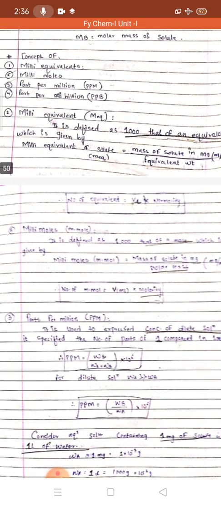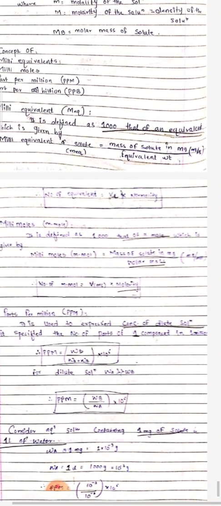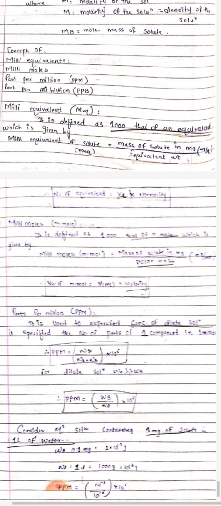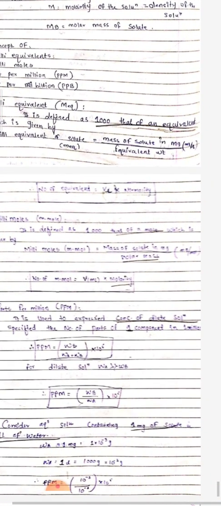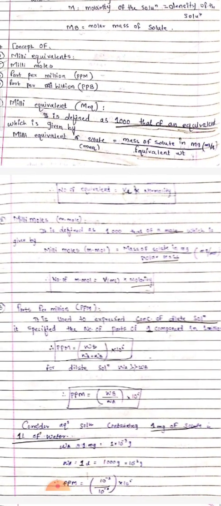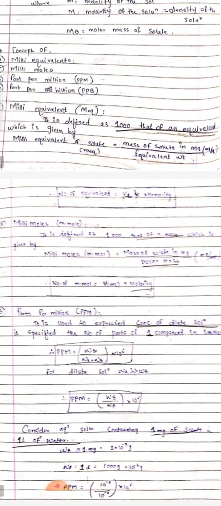Then parts per million, it is used to express the concentration of the dilute solution. It specifies the number of parts of one component in 10 raised to 6 parts of the solution. ppm is equal to Wb upon Wa plus Wb into 10 raised to 6.